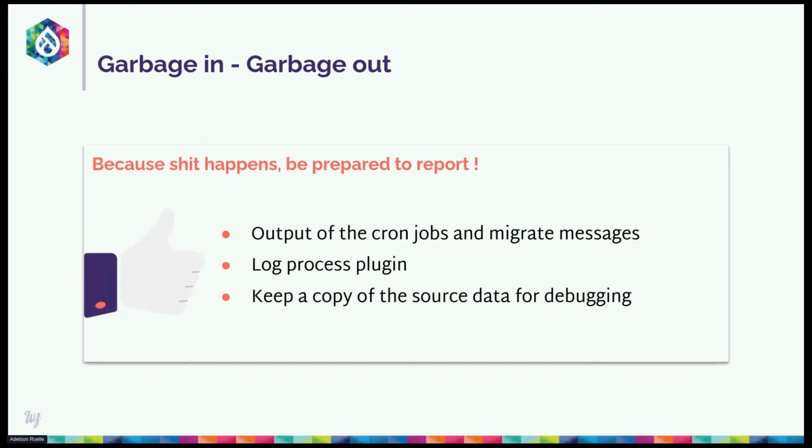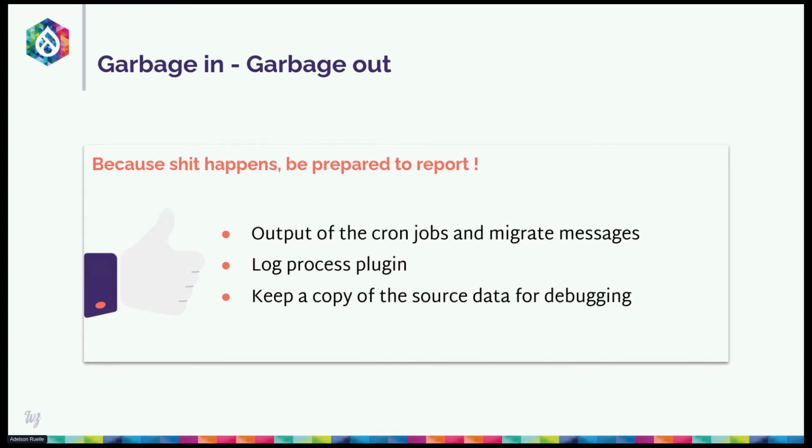Then you could look into the log process plugin. It basically lets you log whatever the process plugin is processing. So that's useful, and just look into it. And then keeping a copy of the data that got imported when it failed is also pretty interesting.